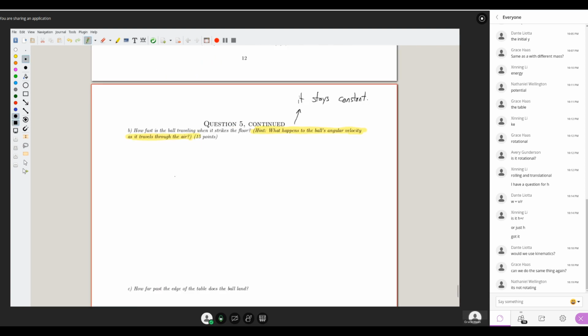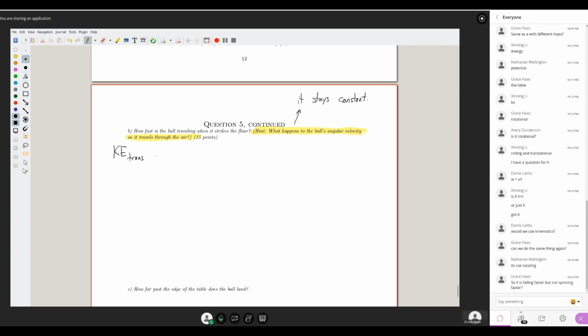So yes, here we can use conservation of energy again. Let's just write this down. The translational kinetic energy at B plus the rotational kinetic energy at B. Yes, exactly, Grace. Gravity makes it fall faster, but doesn't make it spin any faster. Gravity does positive work on it translationally, but gravity does not apply a torque to it.